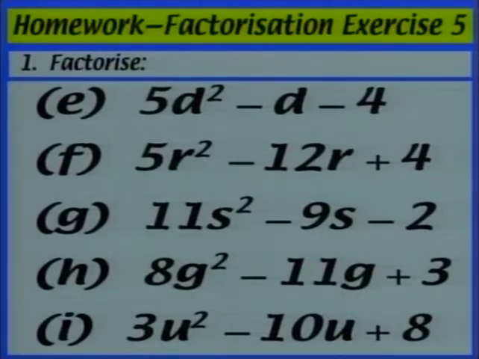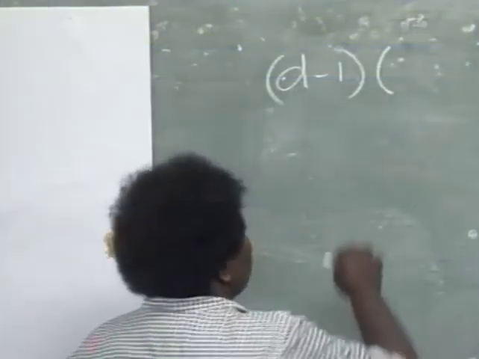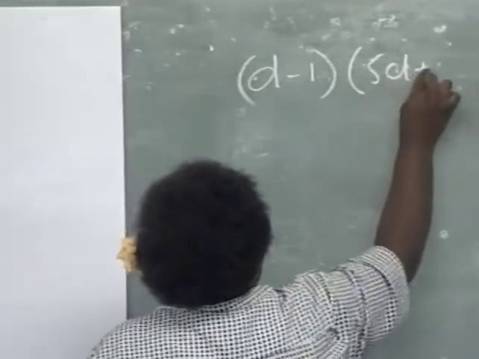Letter E, Taumaku, your answer, please. D minus 1 times 5D plus 4. 5D plus 4, correct?